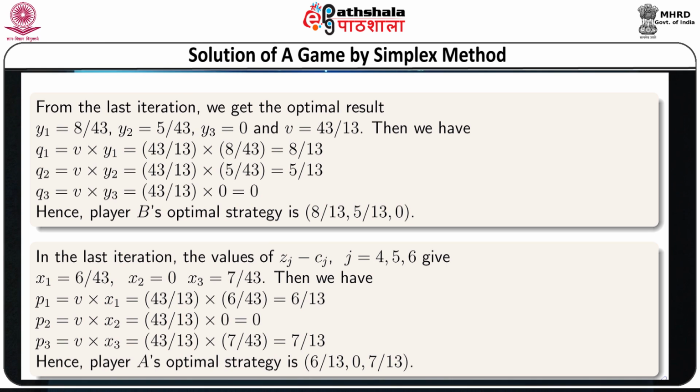And then we can easily find the values of q1, q2 and q3, which are 8 by 13, 5 by 13 and 0. So, player B's optimal strategy is thus 8 by 13, 5 by 13 and 0.